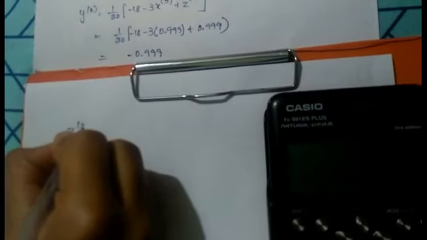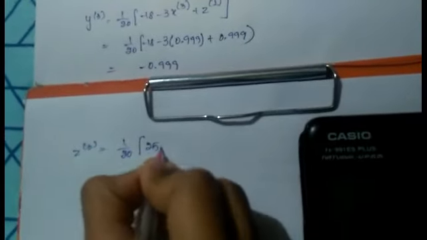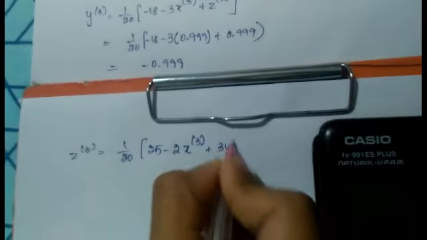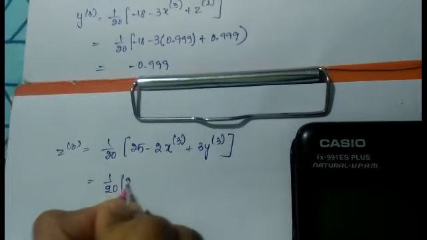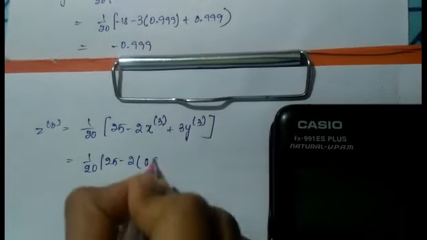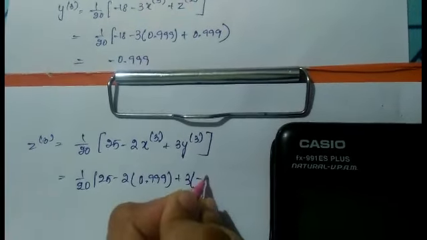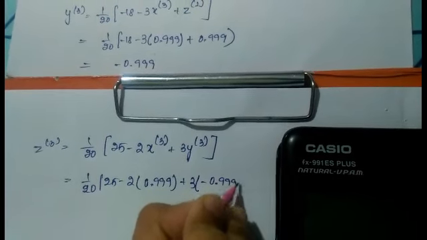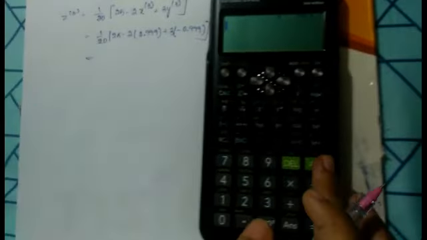Then the answer is minus 0.999. z of 3 equals 1 by 20 of 25 minus 2 into x of 3 plus 3 into y of 3. Then that equals 1 by 20 of 25 minus 2 into x of 3, we got the value as 0.999, plus 3 into minus 0.999. Enter the values in Calci.